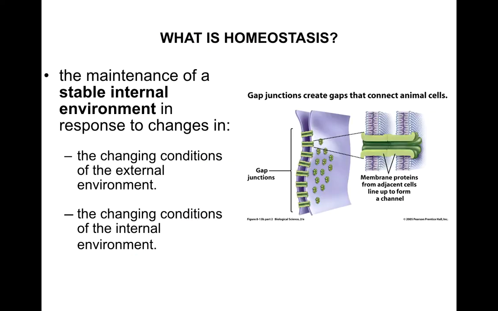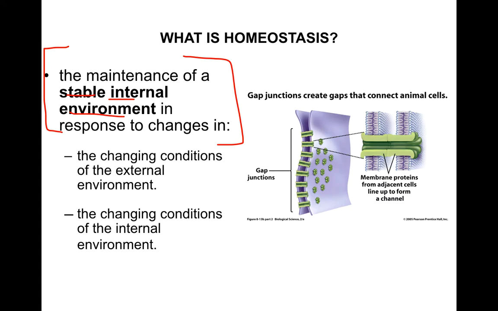So what is homeostasis? This is a really important definition that you absolutely need to know. The maintenance of a stable internal environment in response to any kinds of changes. Well, we want to keep that stable internal environment within a range, and if it's not in that range, our body will respond to that.